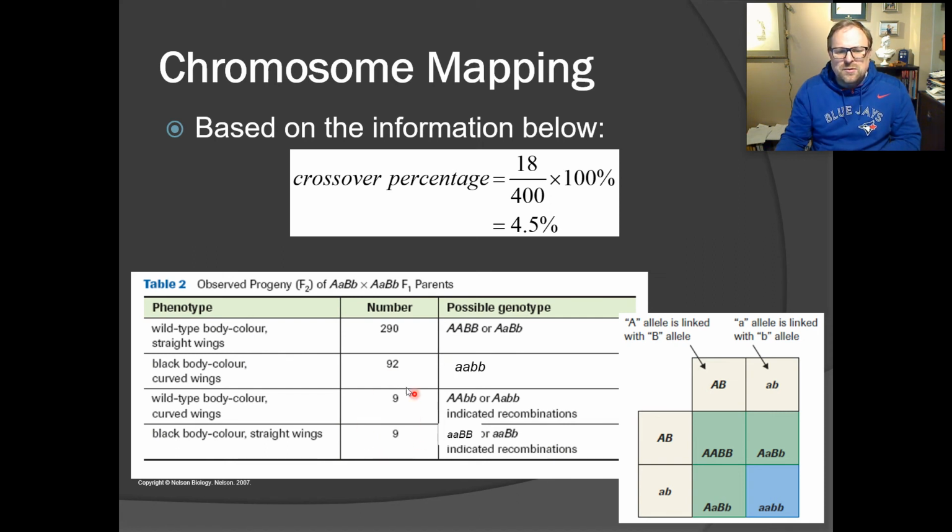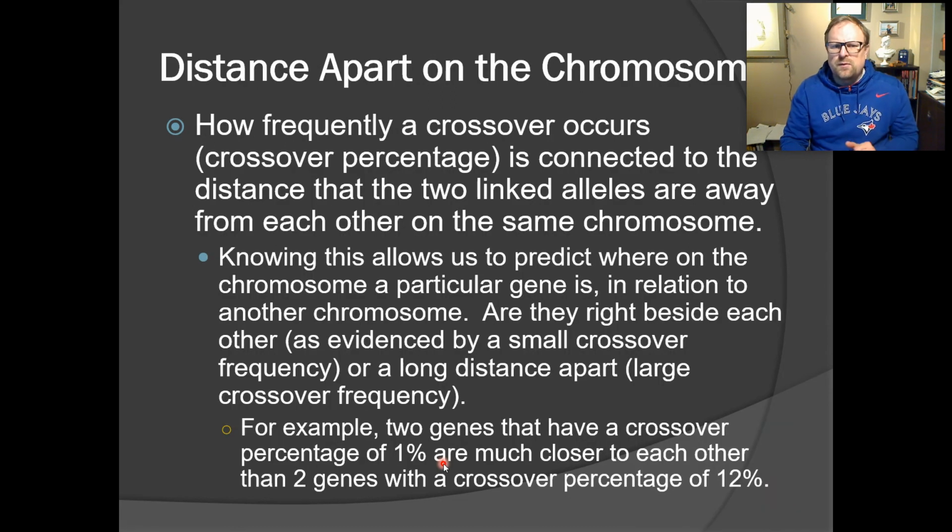And the tiny amount of these unusual ones was explained by a tiny amount: in 4.5% of the individuals, crossing over did occur, leading to a tiny amount of unexpected phenotypes. I hope that makes sense. I don't know if I did the best job explaining that to you. Luckily, we've got a video coming up on this as well.